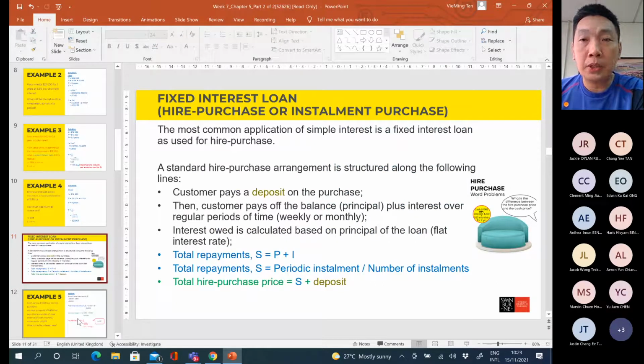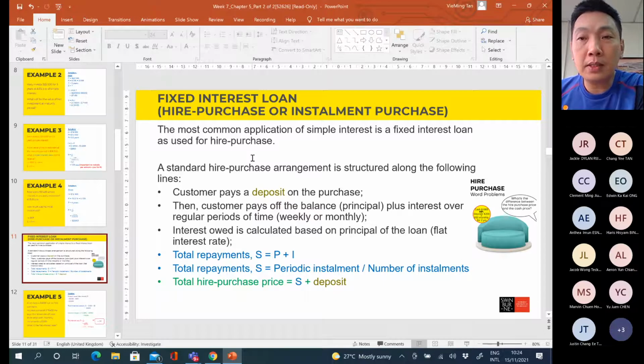Usually in real life, when you want to buy furniture and you don't have enough money, you can ask the shop to allow you to buy the furniture under the hire purchase agreement, whereby you pay a certain amount of deposit, or down payment, now, and then in the future you pay back the value of the furniture month by month. This monthly installment in the future will include the interest charge.